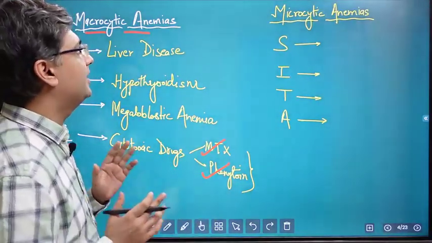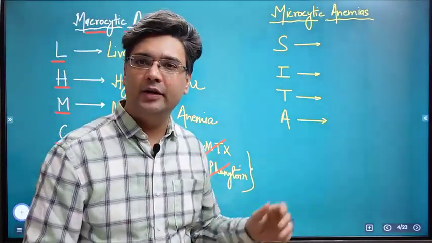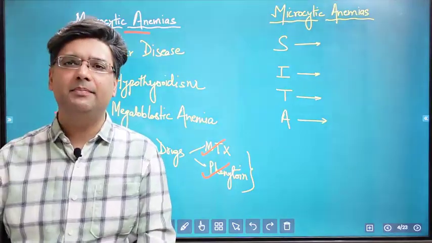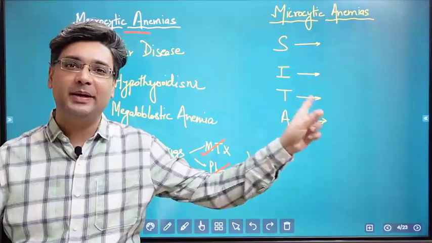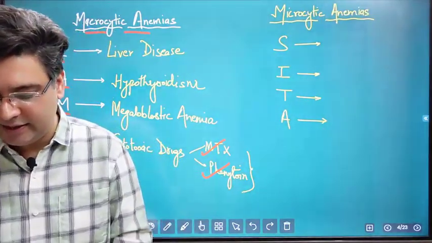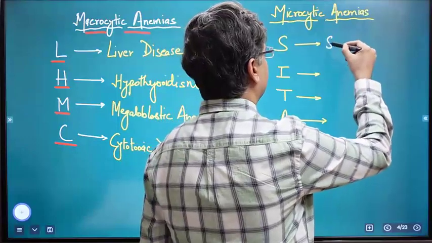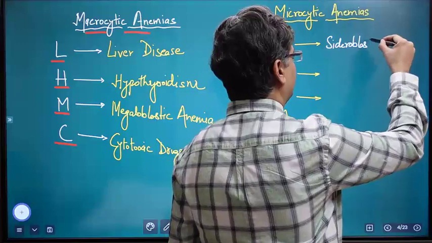So just to compare with the conditions of macrocytic anemias, I have written a table here for microcytic anemias as well, and this can be remembered by an acronym which is SITA. Okay, microcytic anemias can be remembered by an acronym which is SITA. S is sideroblastic anemia.